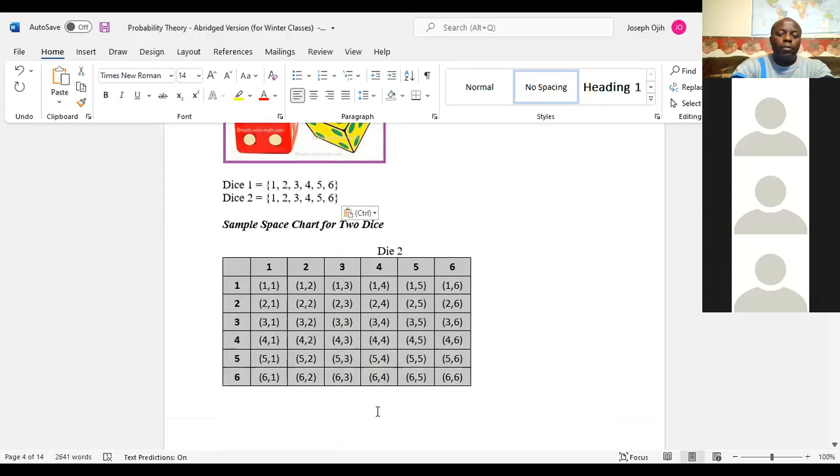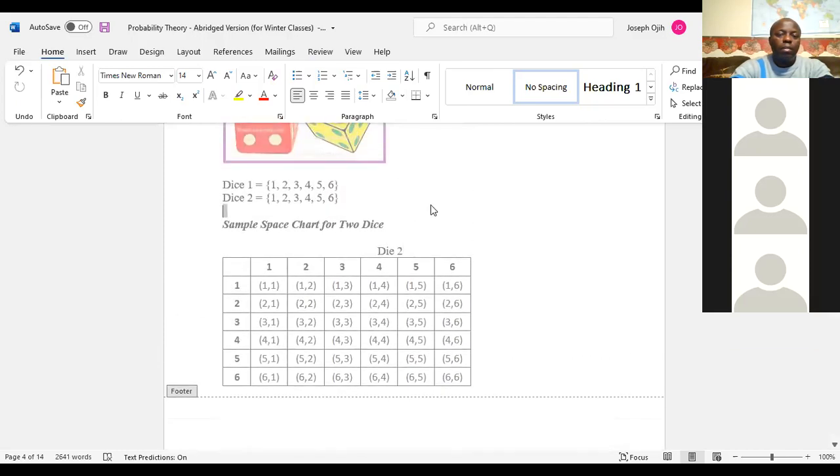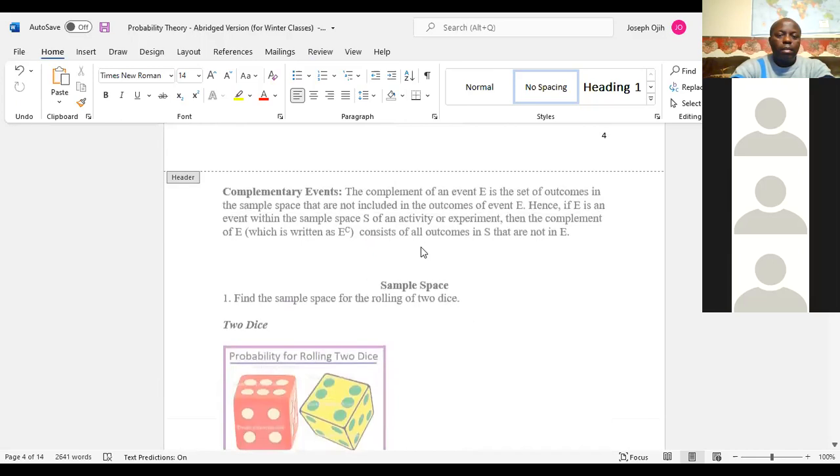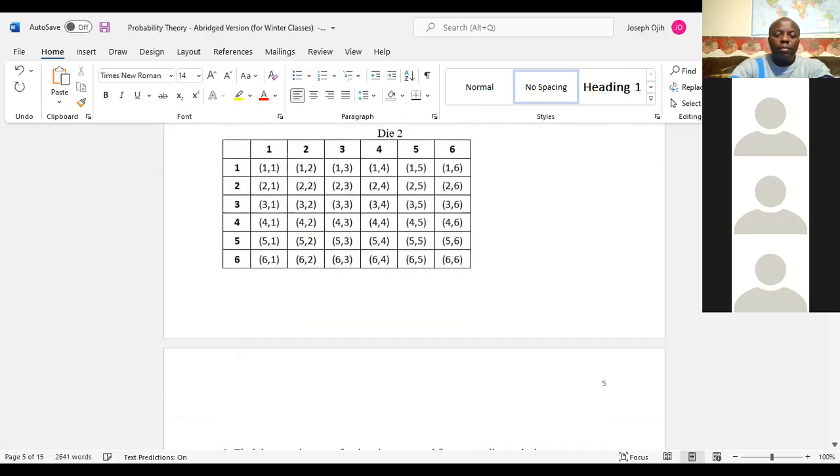So for 2 dice, the sample space will now become, if you count all of them, 1, 2, 3, 4, 5, 6, 7, 8, 9, 10, 11, 12, 13, 14, 15, 16, 17, 18, 19, 20, 21, 22, 23, 24, 25, 26, 27, 28, 29, 30, 31, 32, 33, 34, 35, 36 possible outcomes.